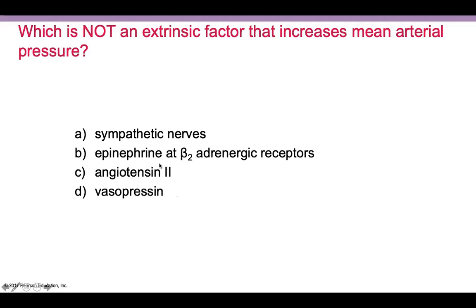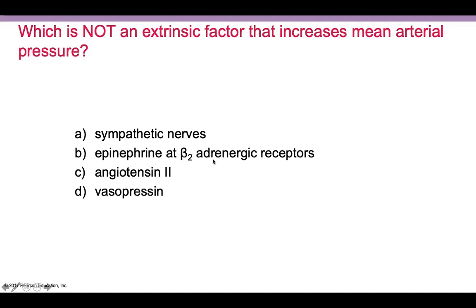First of all, this is not going to increase mean arterial pressure. Remember, epinephrine at beta-adrenergic receptors causes vasodilation. And so that vasodilation is going to actually decrease mean arterial pressure, right? It's going to open up the vessel and decrease mean arterial pressure. The second reason it's wrong is because it is not an extrinsic factor.